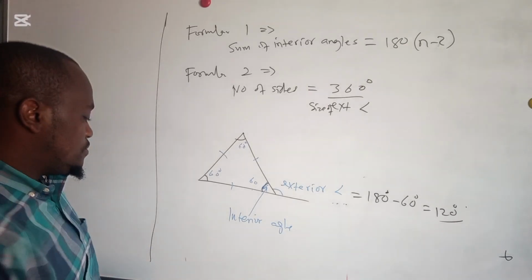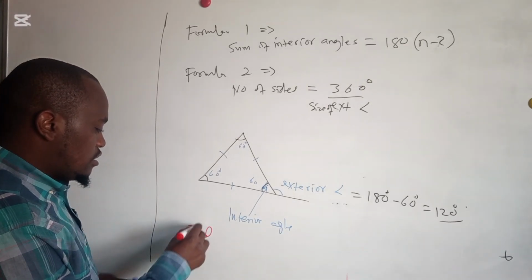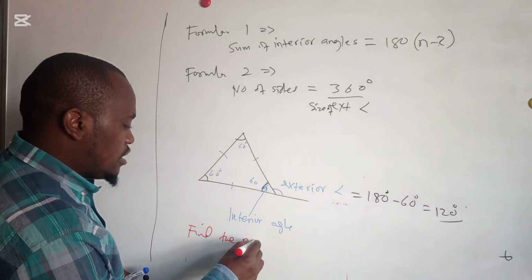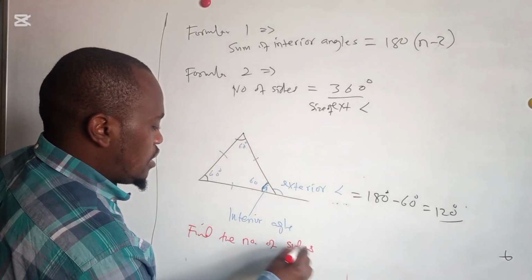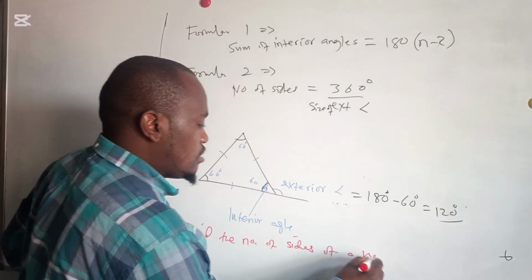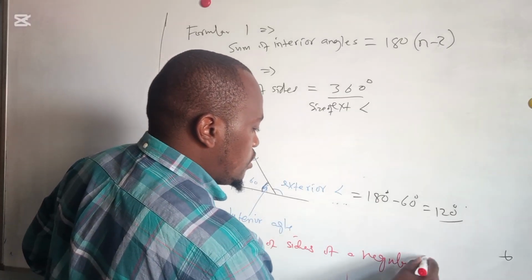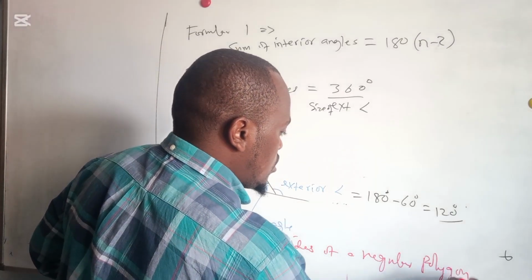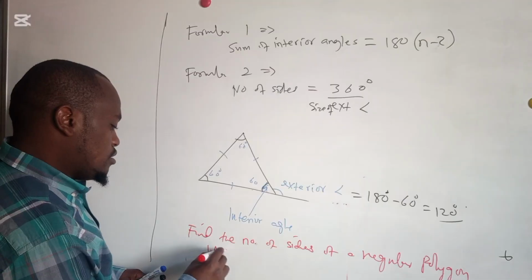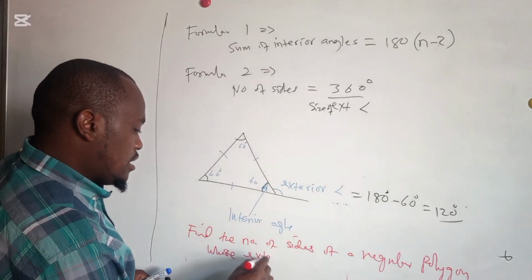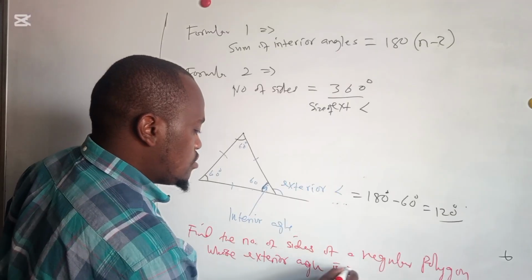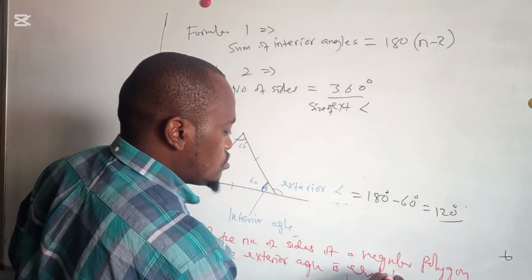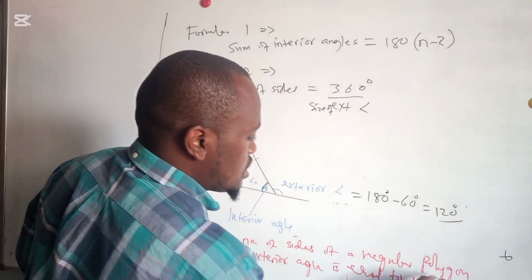The question would be, find the number of sides of a regular polygon whose exterior angle is equal to 120 degrees.